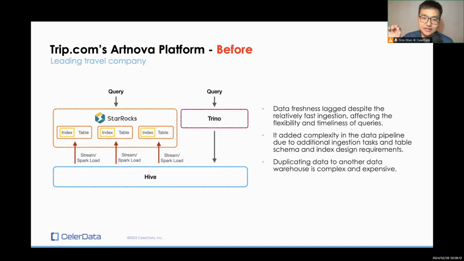It's complex and labor intensive to maintain and to keep data governance good.